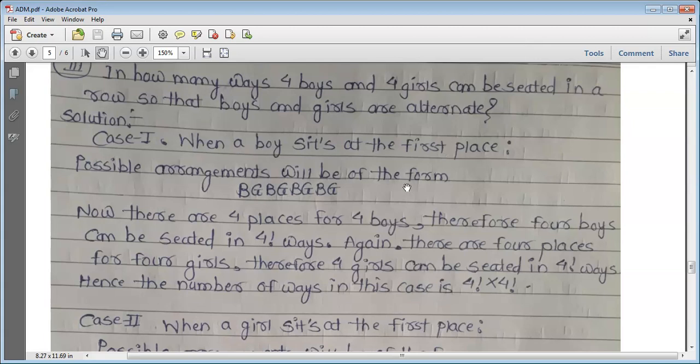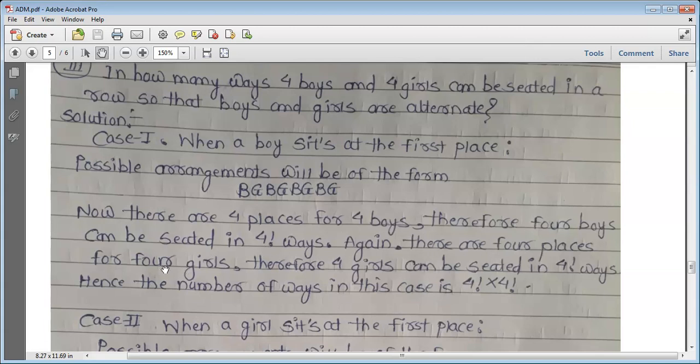Then the possible arrangement will be of the form: first a boy, second a girl, third a boy, fourth a girl, and continuing in this way we have to take 4 boys and 4 girls, which are alternate. As there are 4 boys and 4 places, these 4 boys can be seated in 4 factorial ways.